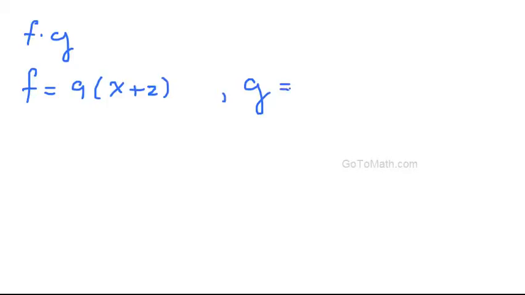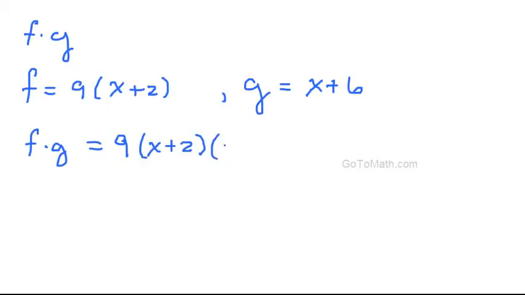Find f times g. Okay, so we know that f is equal to 9x plus 2 and g is equal to x plus 6, and we want to find f dot g. Alright, so we'll go ahead and write this out.